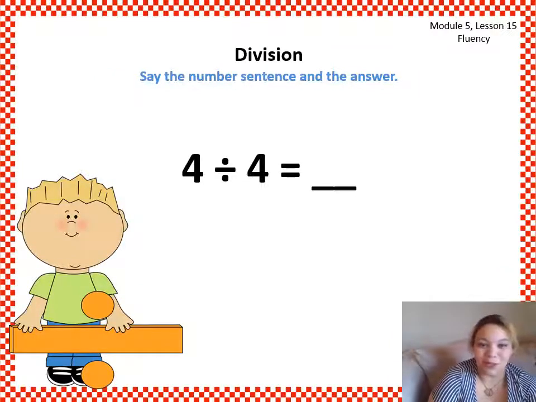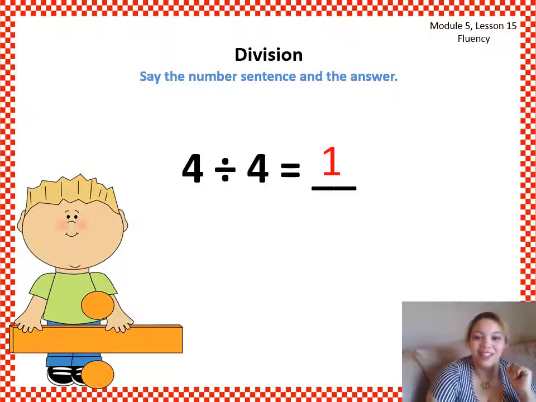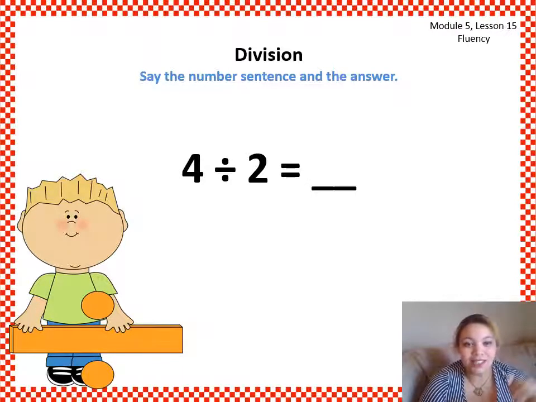We're going to do a quick game. I'm going to put a division problem on the board, and you're going to pop out your answer. Ready? 4 divided by 4 is 1. 4 divided by 2 is 2.